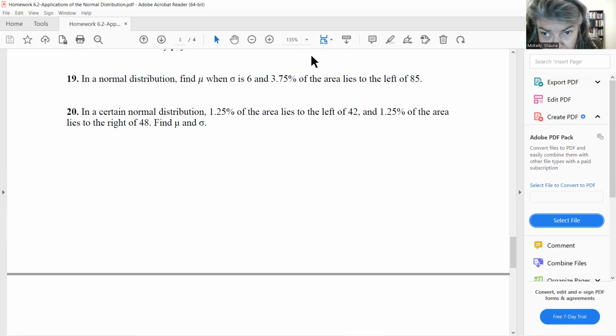So what we're going to do here, I'm going to share another screen. We always start by drawing whatever distribution we can. So I'm going to find that on my screen.